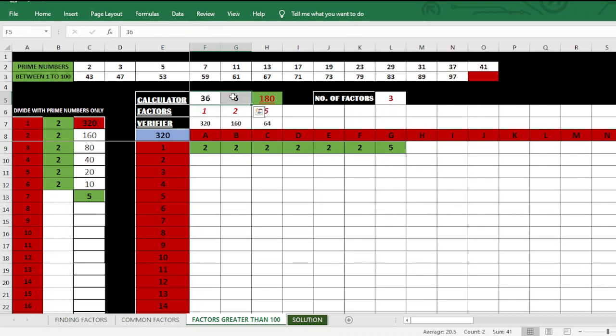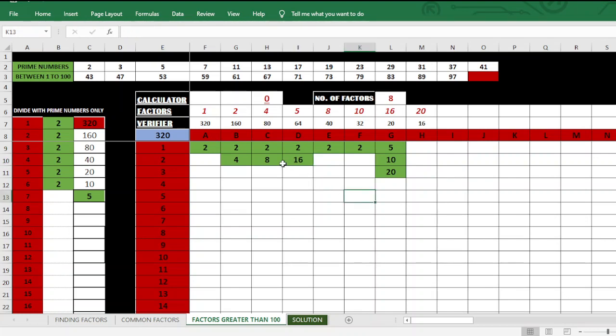I want you guys to pay attention, and then we do this together. 2 times 2 should give us 4. 2, 5 should give us 10. 4, 2 should give us 8. 4, 5 should give us 20. 8, 2 should give us 16.